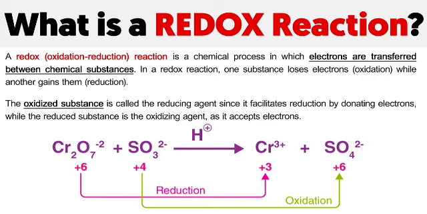That's what happens to elements too. But if you are gaining electrons, which are negative, you become more negative. So take that statement down. When an element loses electrons, they become more positive. And when an element gains electrons, they become more negative.